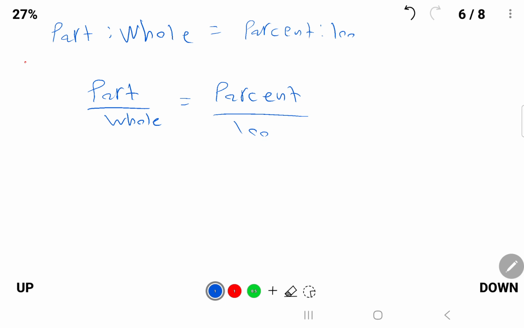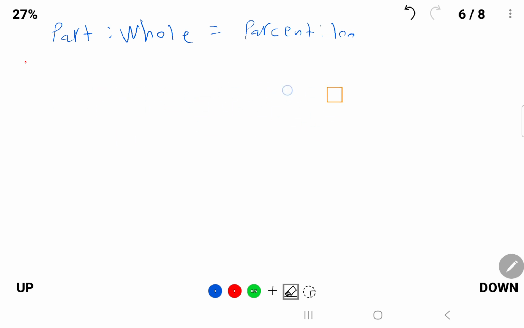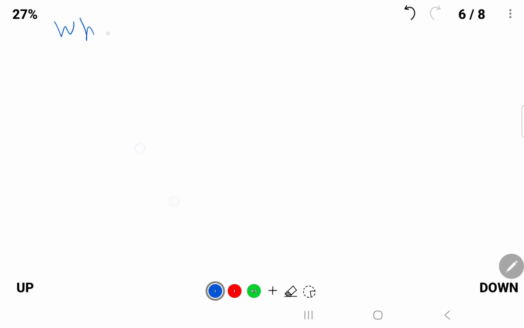Now for example, let's say we have this question: 30 is 45% of what number?